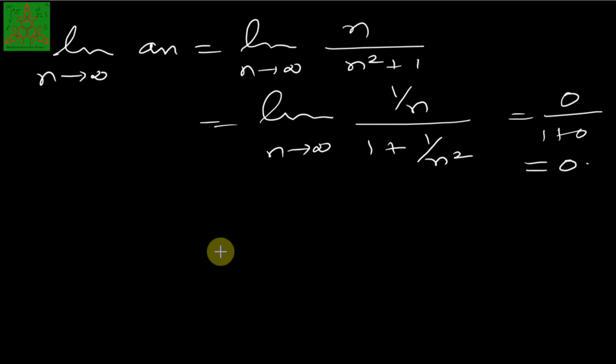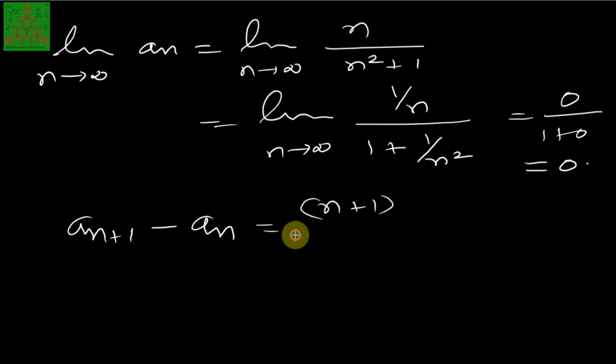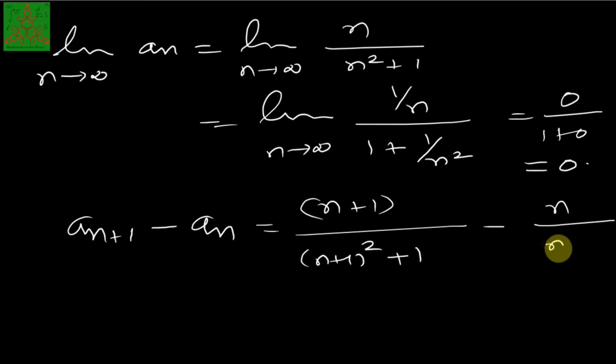To apply the Leibniz test, you have to check whether the sequence is decreasing. So let us check what is a_(n plus 1) minus a_n. In a_(n plus 1), if I replace n with n plus 1, we have (n plus 1) upon (n plus 1) square plus 1 minus n upon n square plus 1.